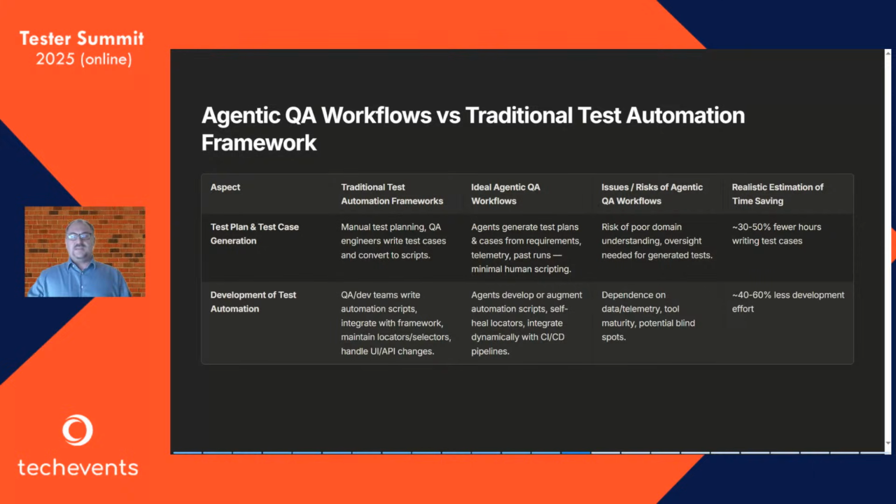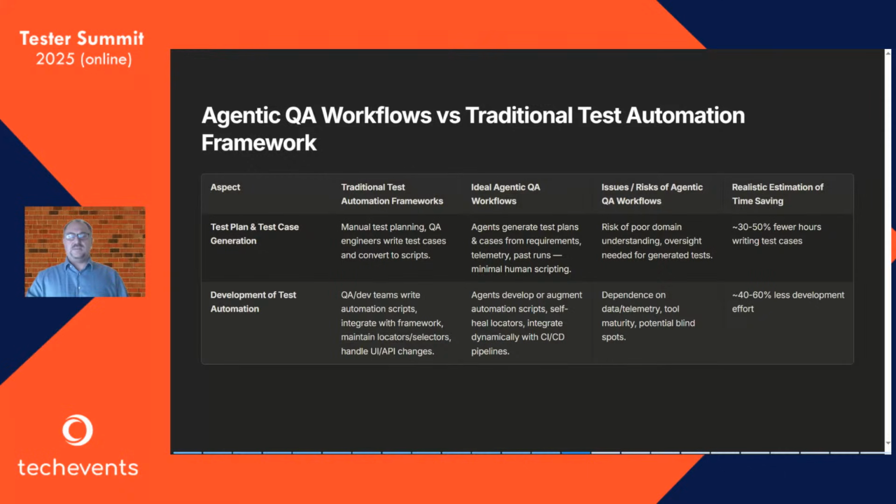For test plan and test case generation, it is about 30 hours of writing test cases that we can save. Of course, I tried to give a realistic estimation without being too optimistic.